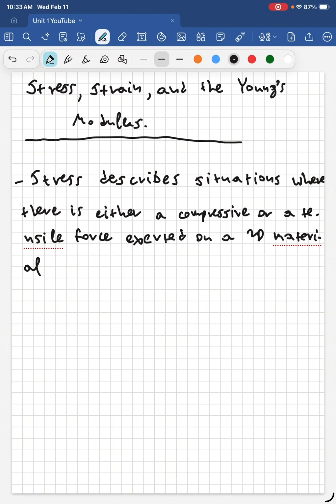And when I say a 2D material, we mean on the cross-sectional area. So this force is exerted on the cross-sectional area.